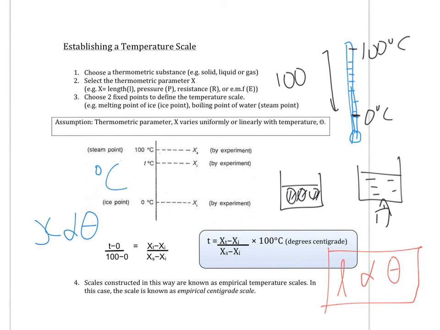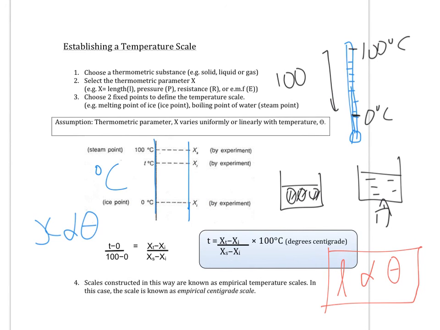So meaning to say, if you draw two lines, one here and another one here, and you mark the points onto the lines. For example, you put the thermometer at 0 degrees, you see the magnitude of the thermometric property.